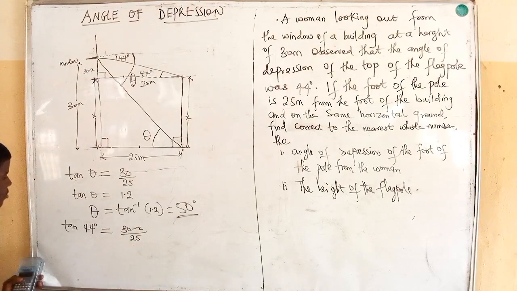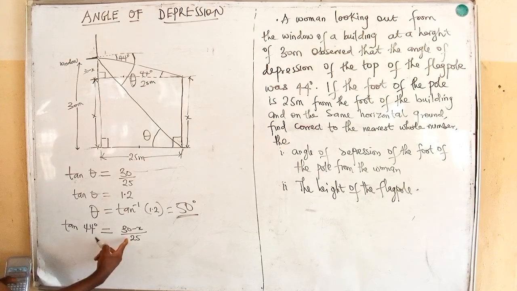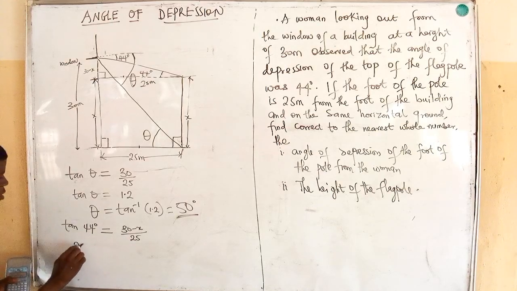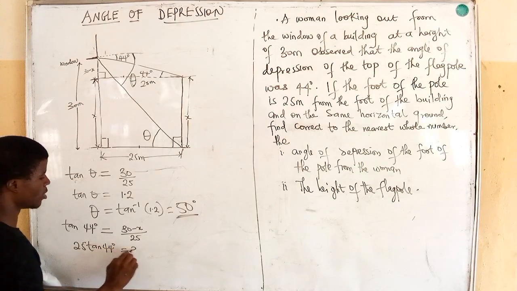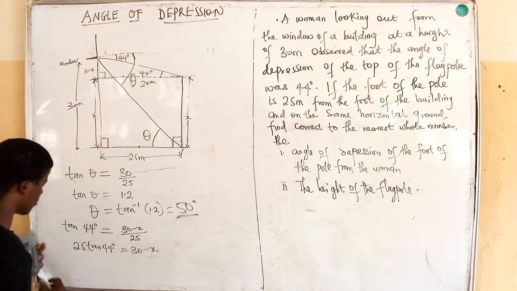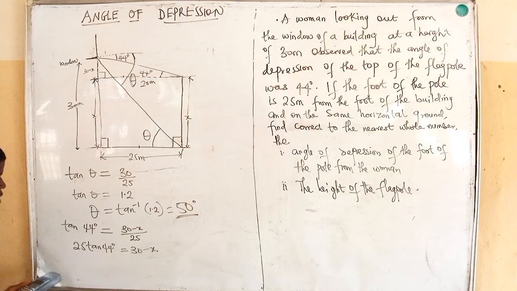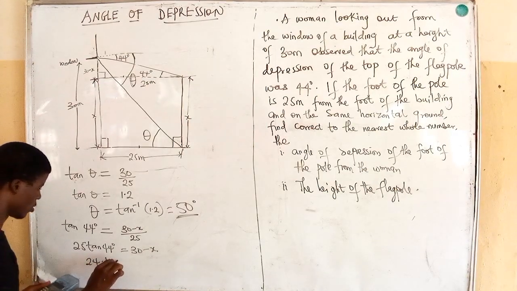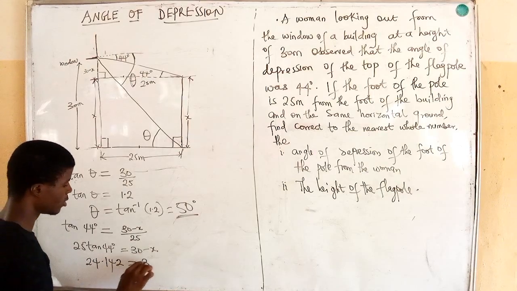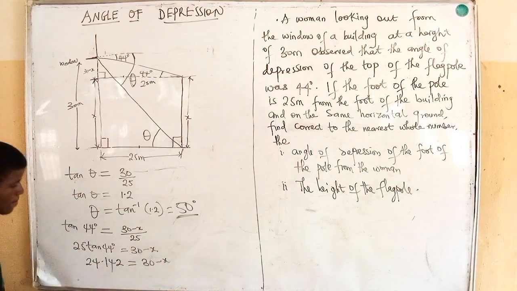So let's cross multiply. 25 will multiply this. That's 25 tan 44 degrees is equal to 30 minus x. So 25 tan 44 will give us 24.142 is equal to 30 minus x.